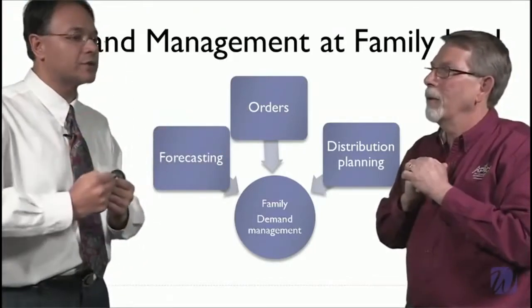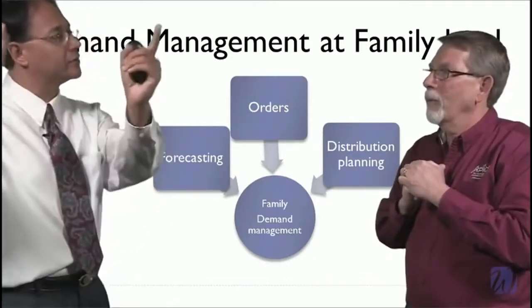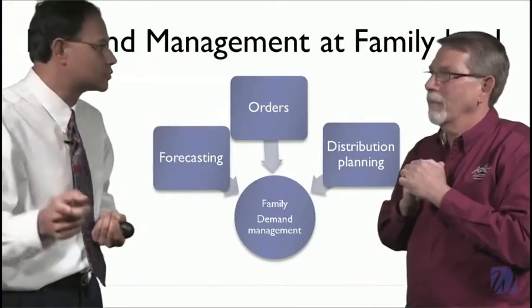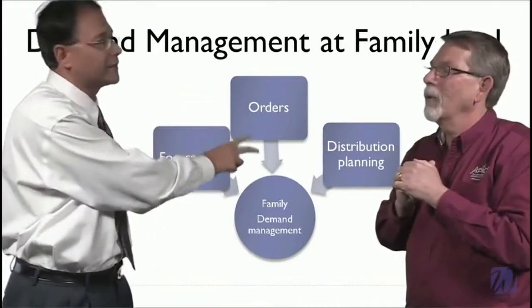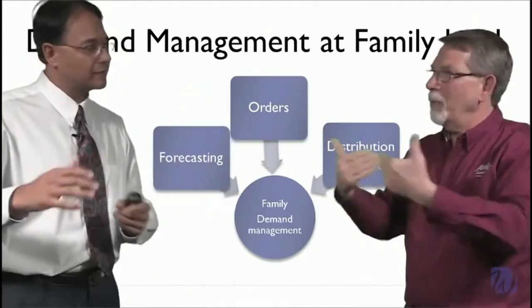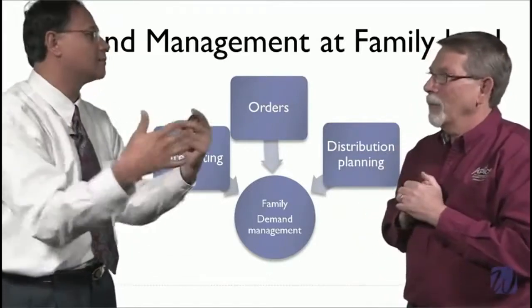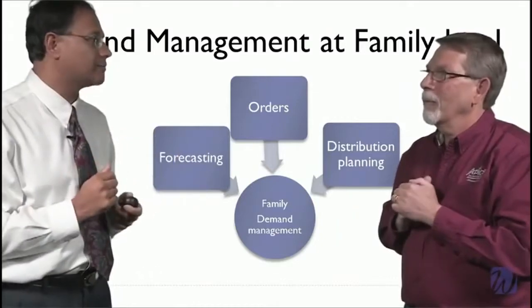You have to make sure it's in the different warehouses, and from the warehouses it's sent out to the different retailers. Walmart and Target will say, I want this much quantity, and you don't have the lead time to go and get the lead for the pencil and the wood. Make to stock means the stock is there. So that's part of the whole complex of family level demand management.